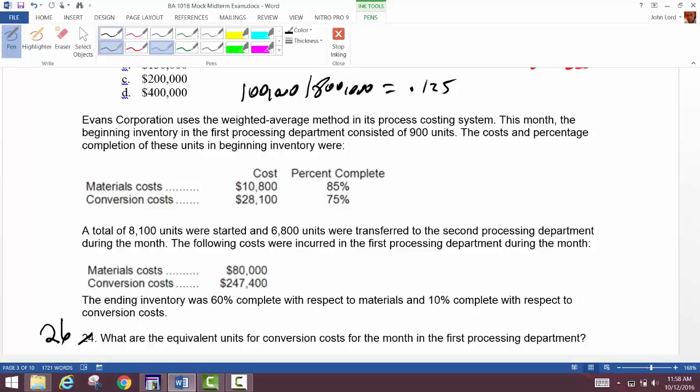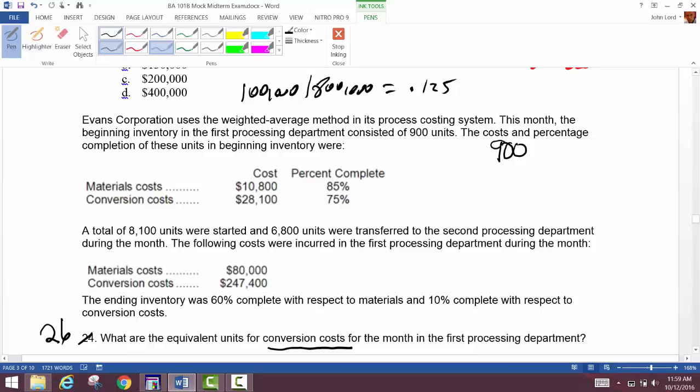Okay, so let's just take a look at these, and we had an equivalent unit for our conversion cost, which this one was asking for, that we had to figure out. With this one, we had to figure out the ending inventory. And I don't know that we did any like that during our homework. Okay? And so to get the ending inventory, they tell us that we had beginning inventory of 900.